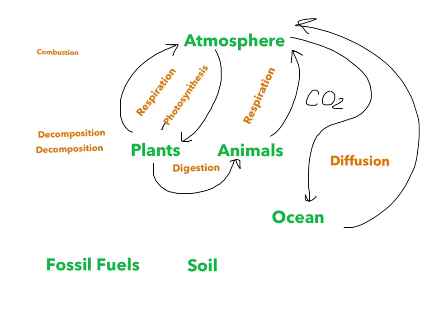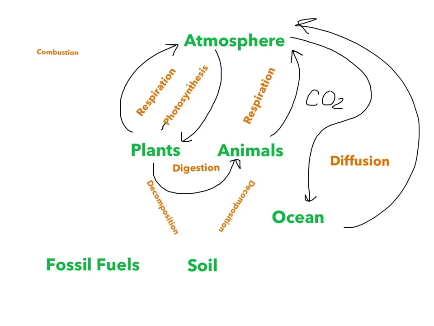Carbon can also get into the soil through a process called decomposition. So when plants and animals die, they decompose, and their remains, which include carbon, get into the soil. So we add decomposition from plants and animals, which puts carbon dioxide into the soil. So we draw arrows moving it down to the soil.